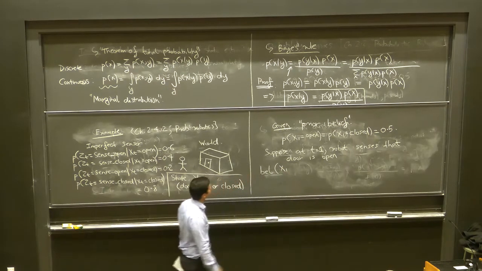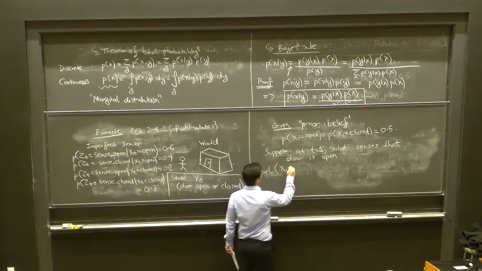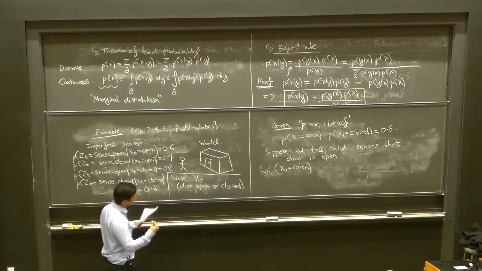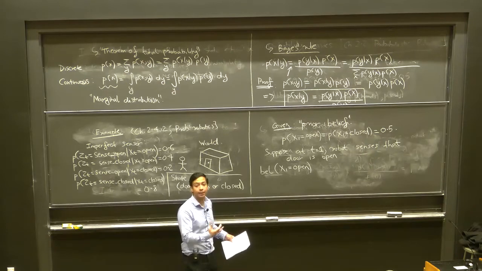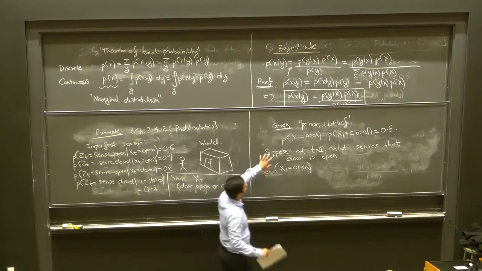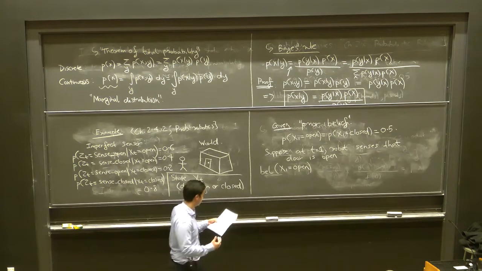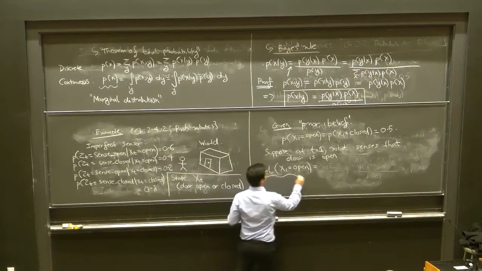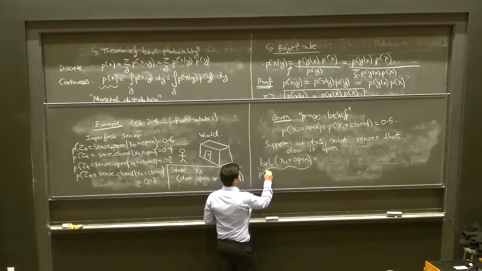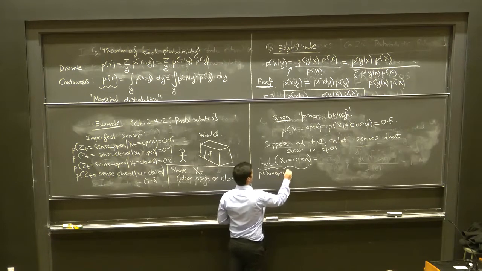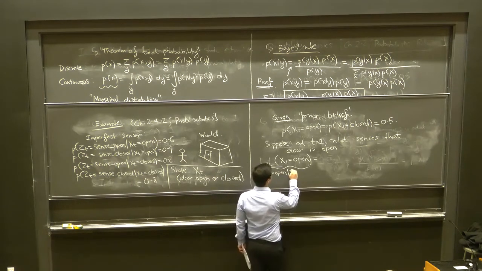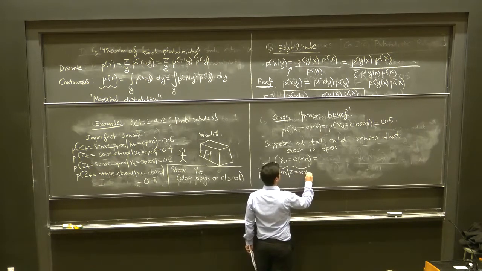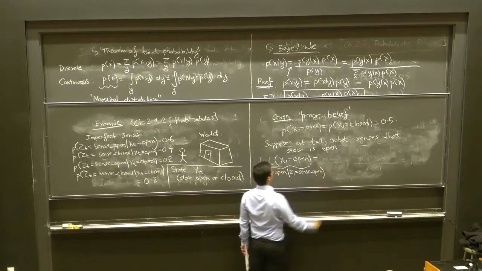This is the notation that the book uses as well. So this is the probability that the door is open at the first time step, or I guess the belief that the door is open, the updated probability that the door is open given this new sensor measurement at time step 1. Really, this is the probability that the door is open, given that we sense that the door is open.